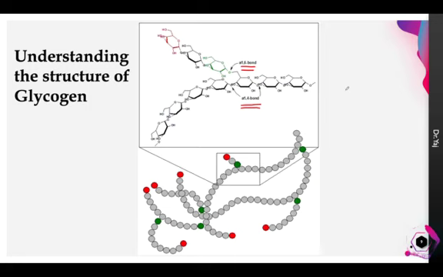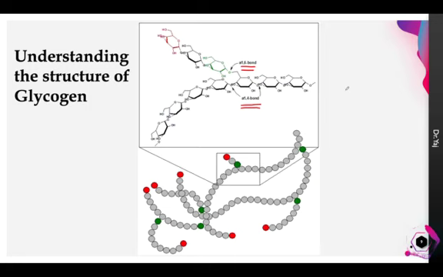The presence of these two linkages helps in the branching of glycogen, especially the formation of the alpha 1,6 glycosidic linkage, and by branching, the glycogen molecule allows the storage of a large number of glucose molecules in a limited space. As I said, we will talk about the process of synthesis of glycogen or the breakdown process in separate lectures during the later part of the course.